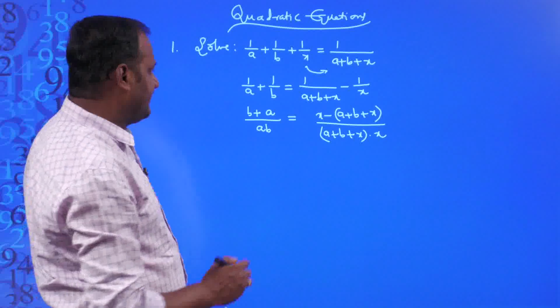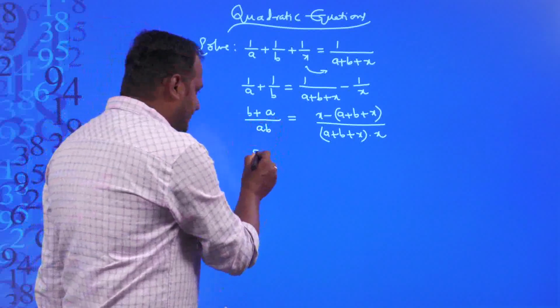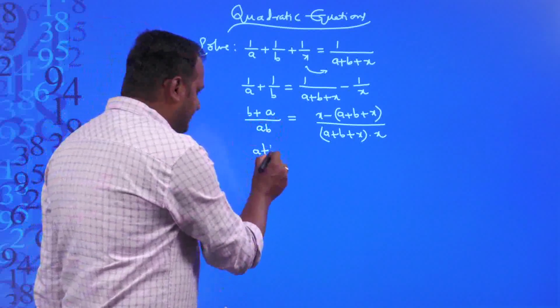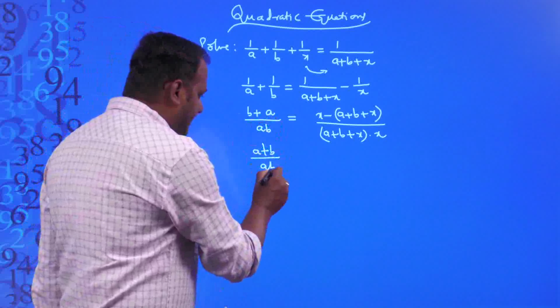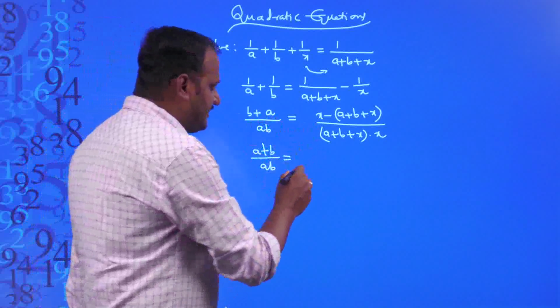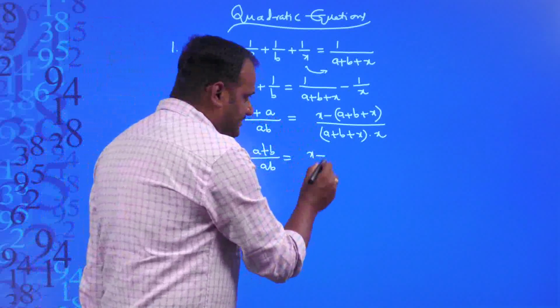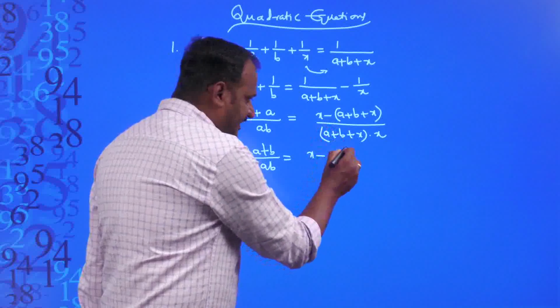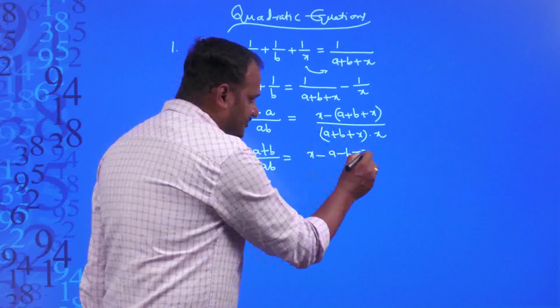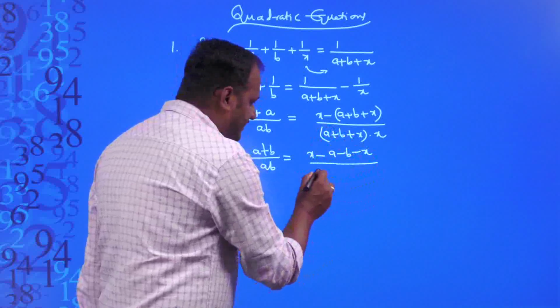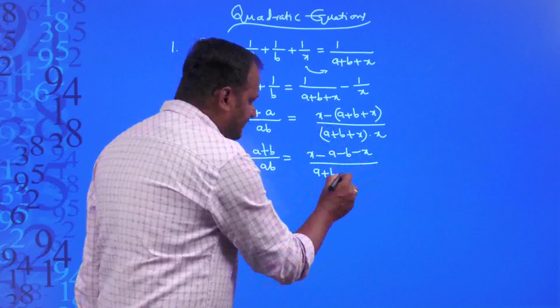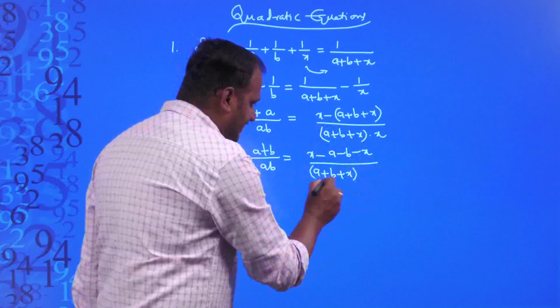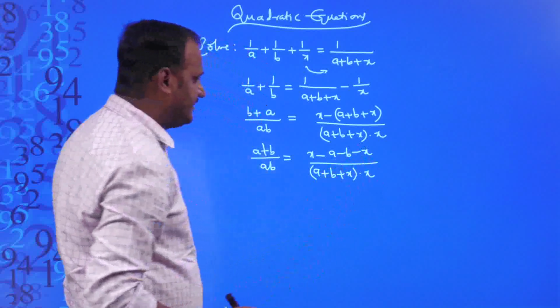Let us try to simplify. This is b plus a by ab, which is nothing but a plus b divided by ab, and if you open up the bracket, it is going to be x minus a minus b minus x, whole divided by a plus b plus x multiplied by x.